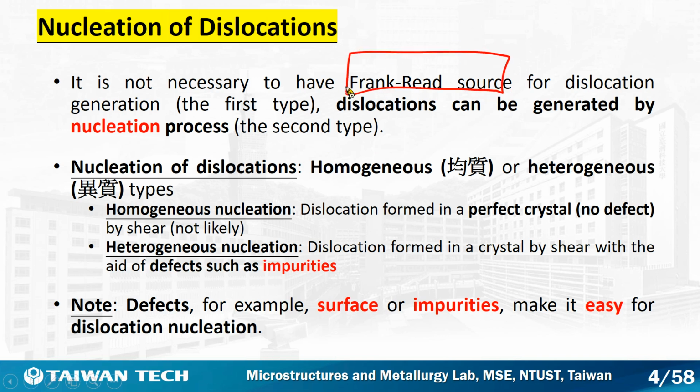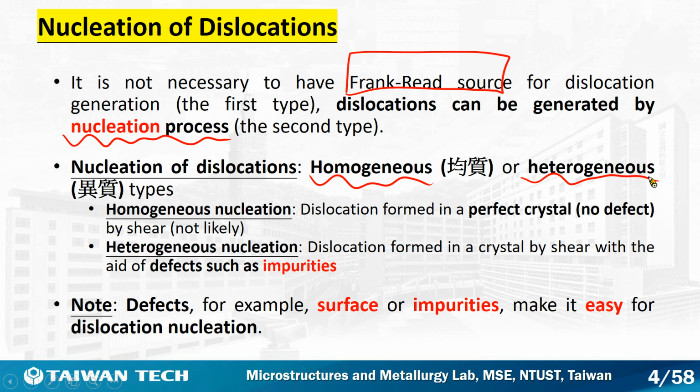We can also have the second type of dislocation generation. We call it dislocation nucleation. And for the nucleation of dislocations, we can further classify them into two types. One we call homogeneous, the other we call heterogeneous.